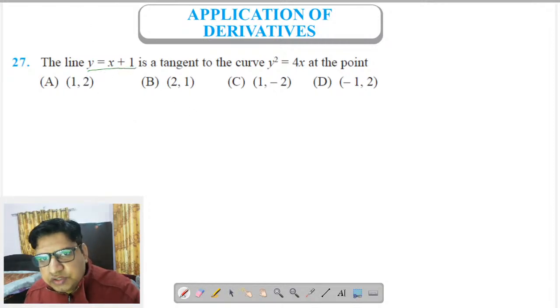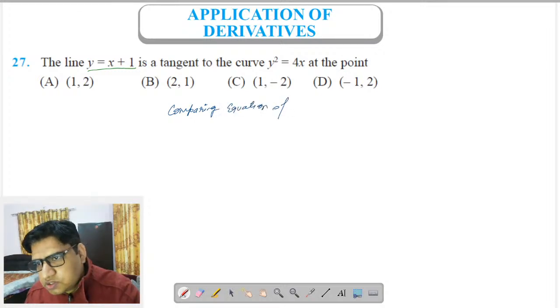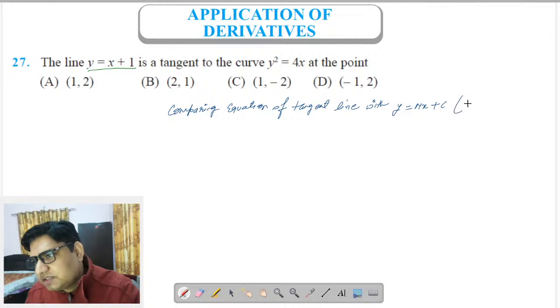So what we do here is compare the given equation of tangent line with y is equal to mx plus c, that is the slope intercept form.